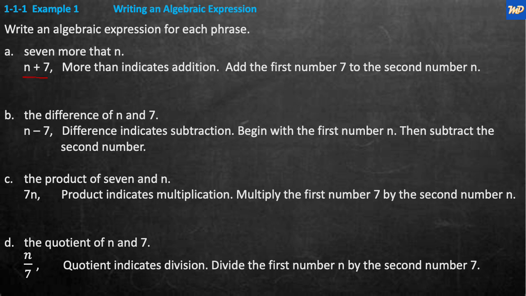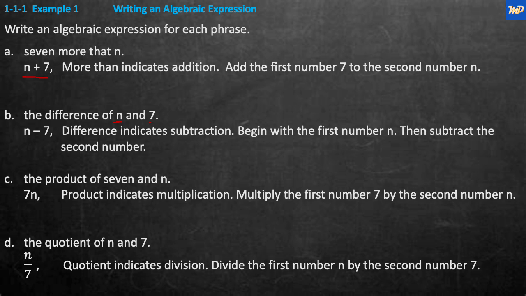Okay, so the difference here for B, the difference of n and 7. In this case, it's n minus 7. Difference indicates subtraction. So begin with the first number, n, the difference of n and 7, and subtract the second number, the 7. So n minus 7.